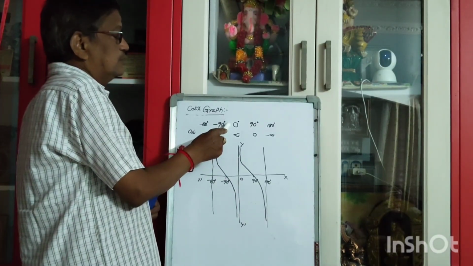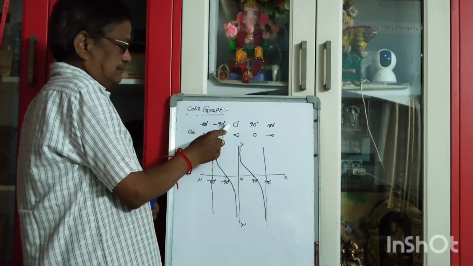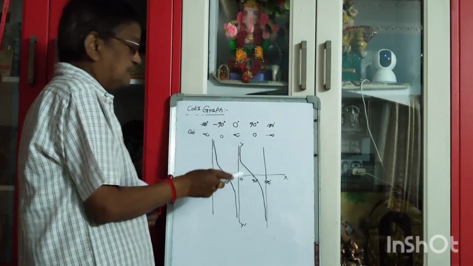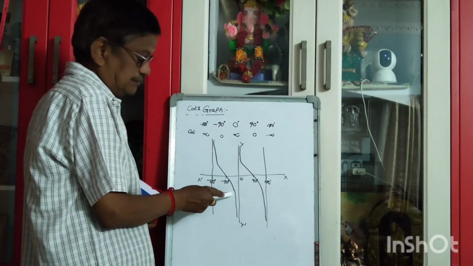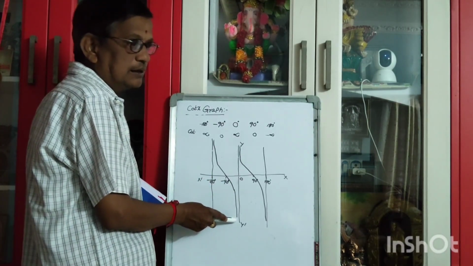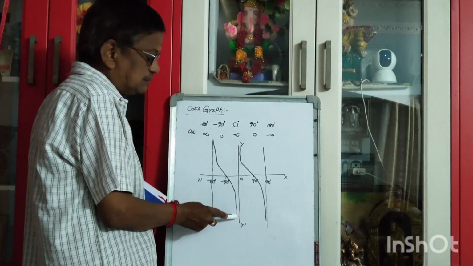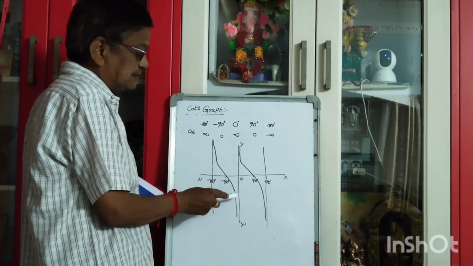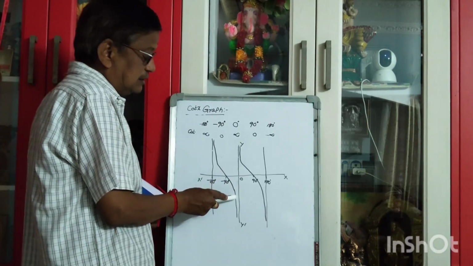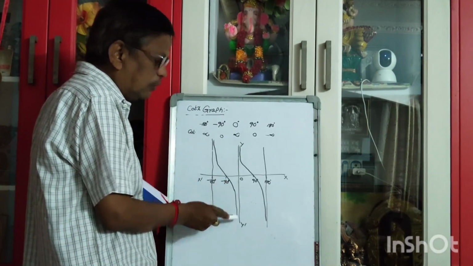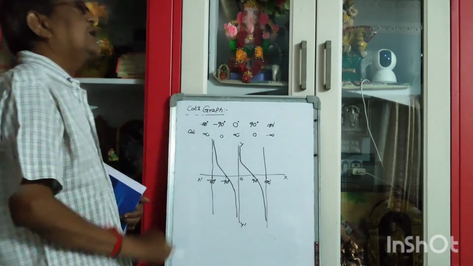In the mid value, minus 45. Cot minus 45 will become minus cot 45, minus 1. So the graph extends like this only. It does not represent minus infinity. It does not represent minus 1, minus root 3, minus root 3 by 2, like that it will go up to infinity.